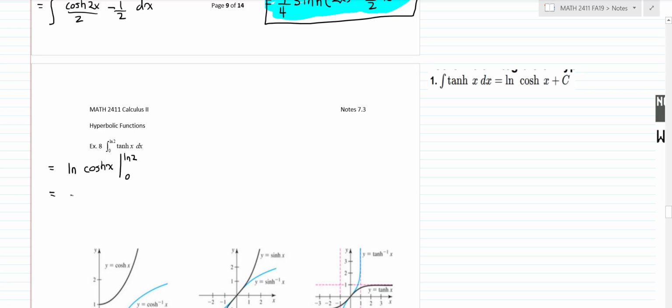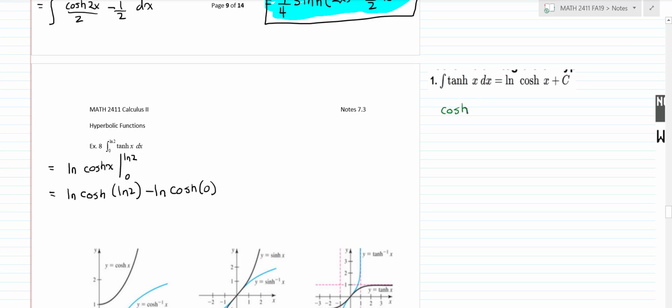Let's use the fundamental theorem of calculus. So we have ln of the cosh of ln of 2 minus the logarithm of the cosh of 0. Okay, so we have to work that out. There are a couple of ways to go about doing this. The first thing I'm going to do is write this formula over here.